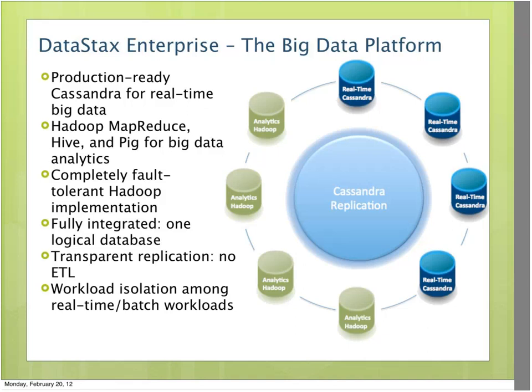And if you try to do both of them on the same set of machines, the random access that the real-time side is doing conflicts with the sequential scanning that the analytics are doing and vice versa. So we pull those apart into separate groups of machines, but they're part of the same logical cluster, and Cassandra takes care of replicating between the analytical data and the real-time copy of that data to keep them in sync.